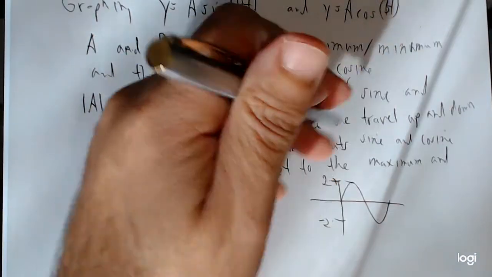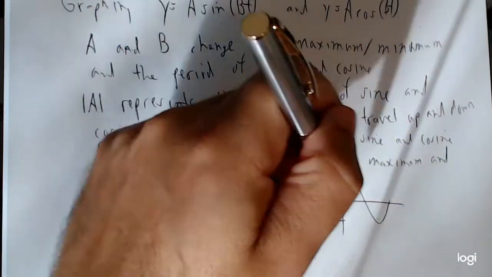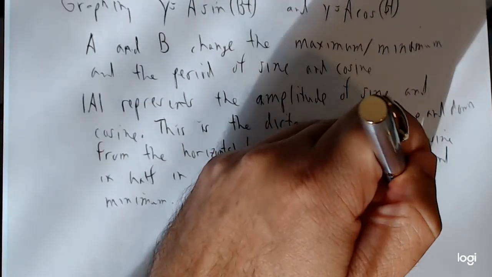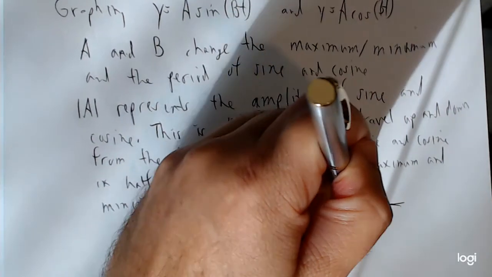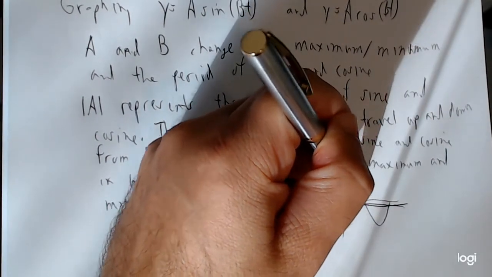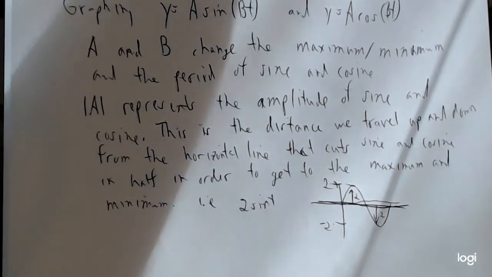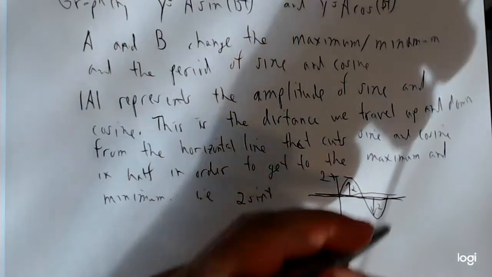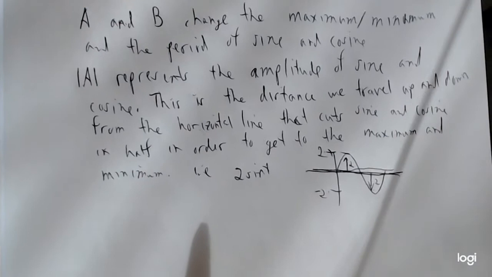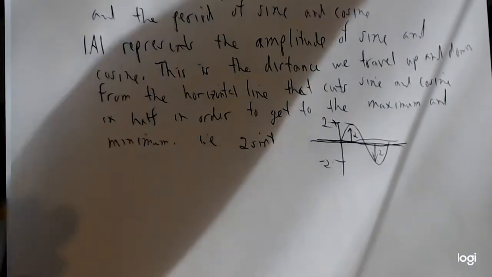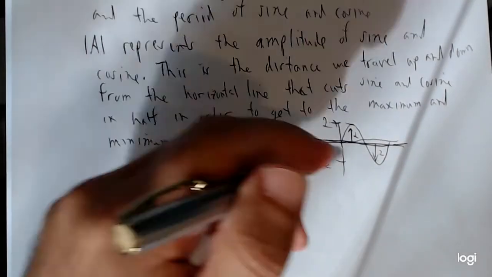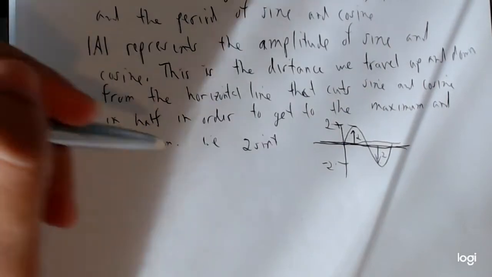It just so happens to be that in this case, because if you think about which horizontal line cuts this in half, it's the x-axis. From the x-axis I go up 2 units and I go down 2 units to get to the maximum and minimum. So just keep that in mind. In this case, it's the x-axis that happens to cut it in half. That's how you know what the amplitude is, by looking at what the halfway line is.